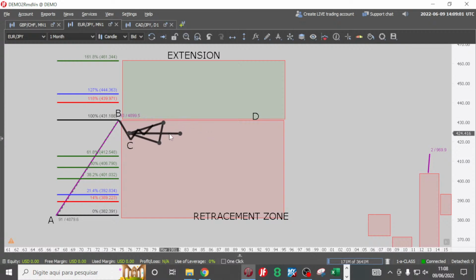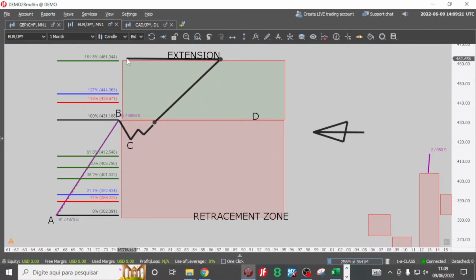Okay, moving forward, everybody. So when the market reverses in between the 61.8 retracement, okay, it didn't hit, and this is the C, then the appropriate D extension is the green one.